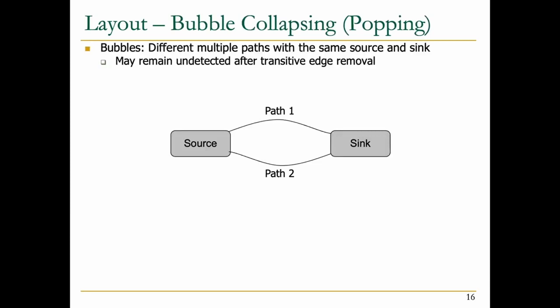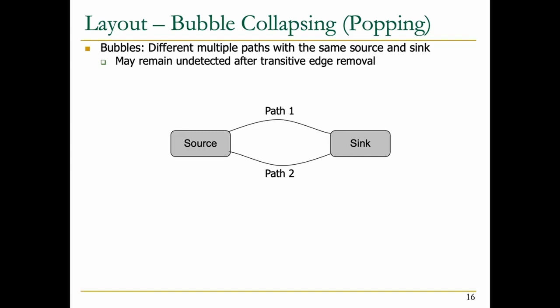So bubbles are multiple different paths with the same source and sink, and such bubbles may remain undetected after transitive edge removal. So there may still be such paths where we start from a source and end up in the sink state, and there are actually multiple paths doing the same thing.